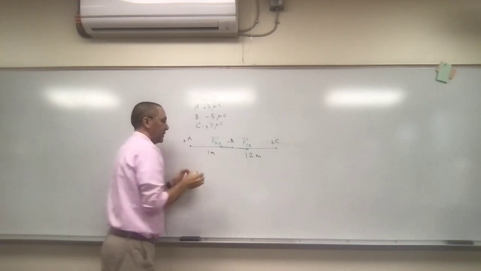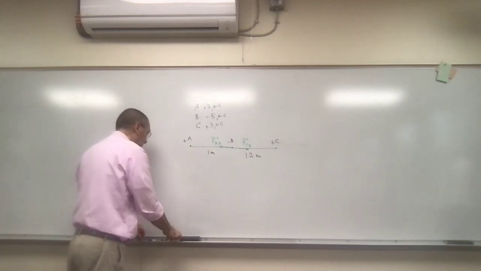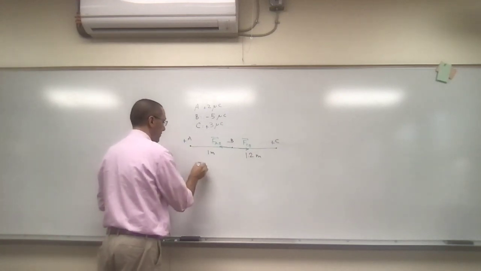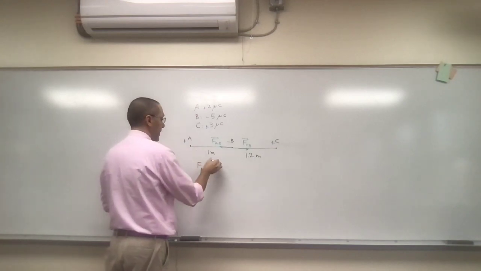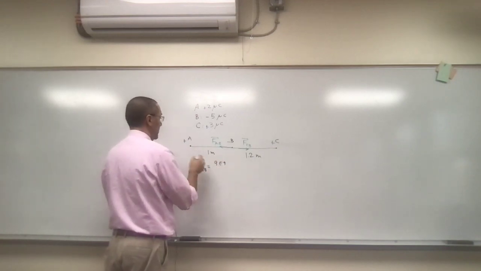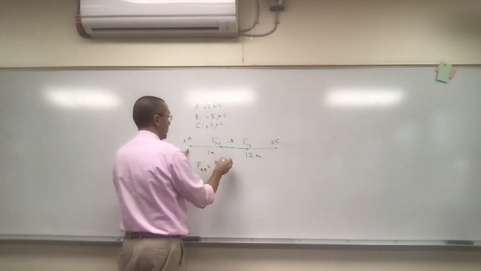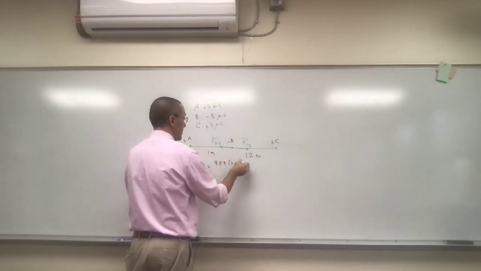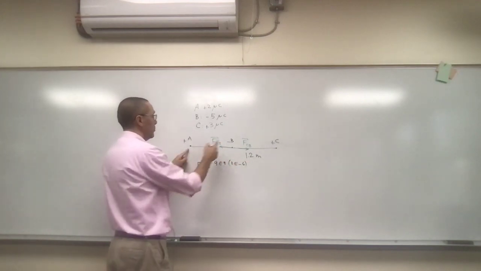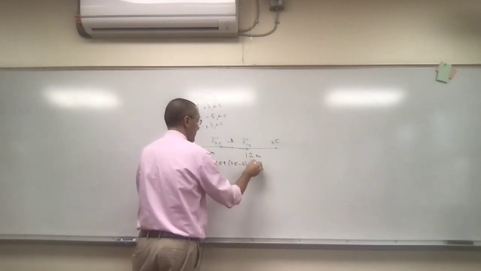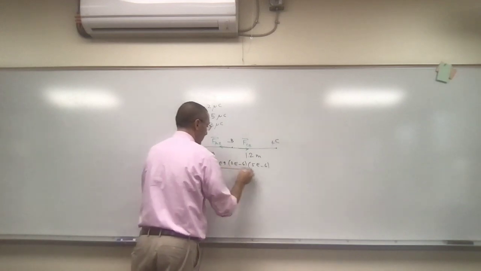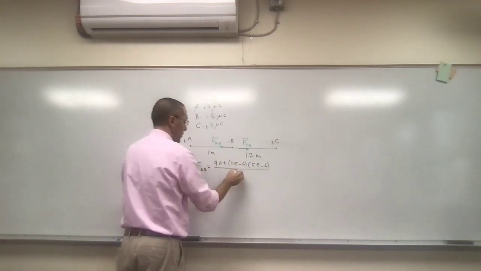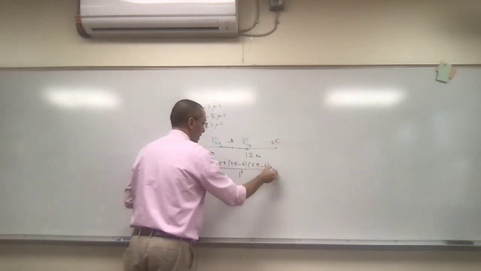Now, what I'm going to do is find the magnitude of F_AB without the signs. So it's going to be K, which is 9 times 10 to the 9, the charge of A, which is 2 times 10 to the negative 6, B is 5 times 10 to the negative 6. See how I didn't put the negative here? Divided by the distance between them, 1 squared. And you can do the math here.